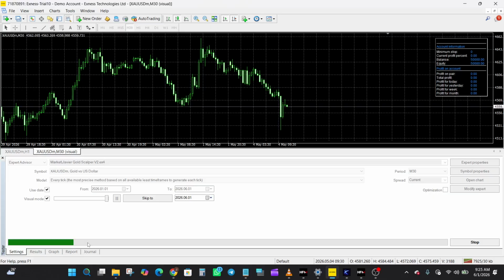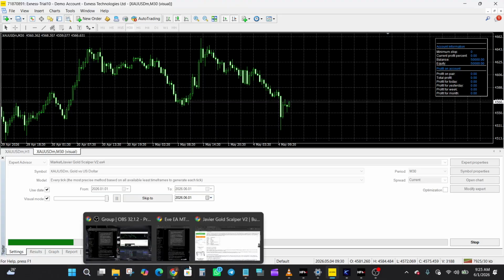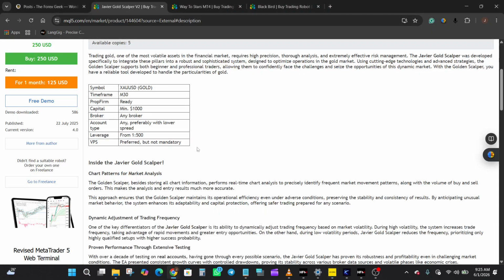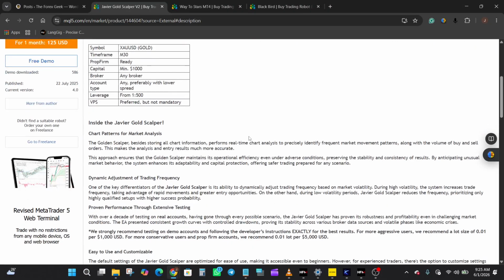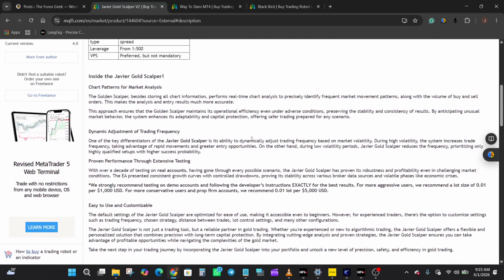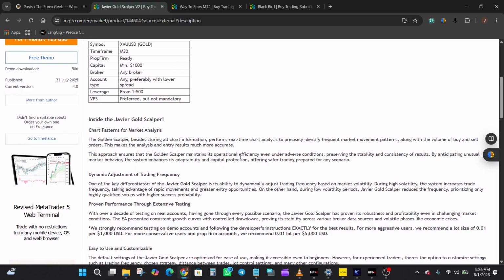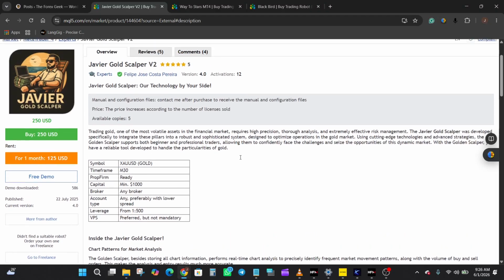The focus is on chart pattern analysis, dynamic trading frequency, and customization options, based on the information we have on the MQL5 Marketplace, because that's what we have to use now. The customization options give traders several areas to evaluate during their own testing process. As with any automated system, it's important to thoroughly test the EA on a demo account and follow the developer's recommendations before considering live deployment.